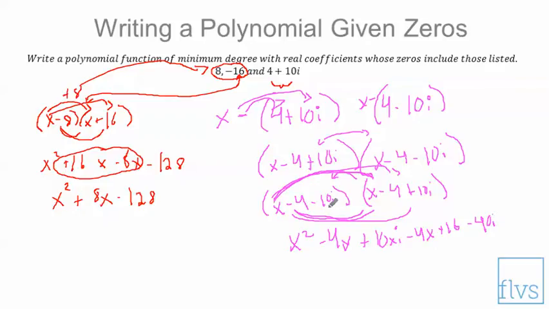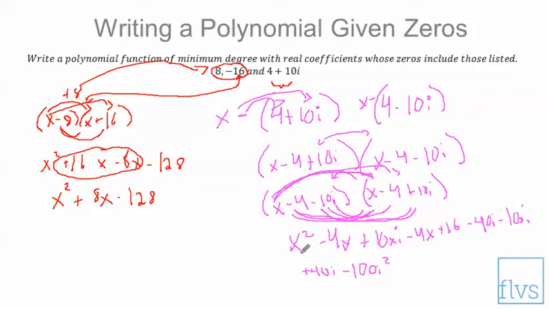Then lastly, we're going to do this last term. Negative 10i times x is negative 10xi. And then negative 10i times negative 4 is positive 40i. And then negative 10i times positive 10i is negative 100i squared.